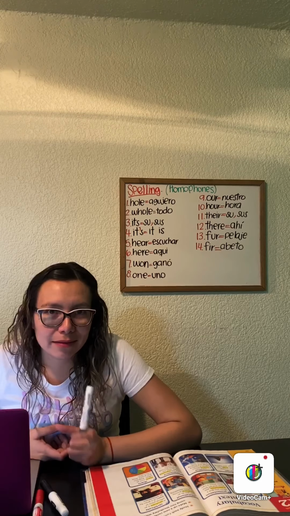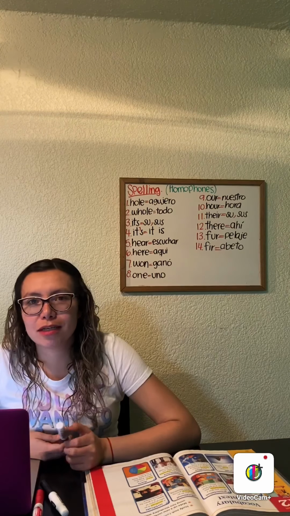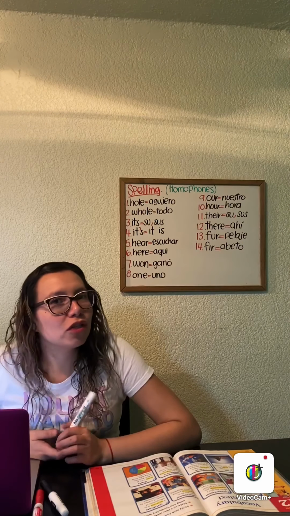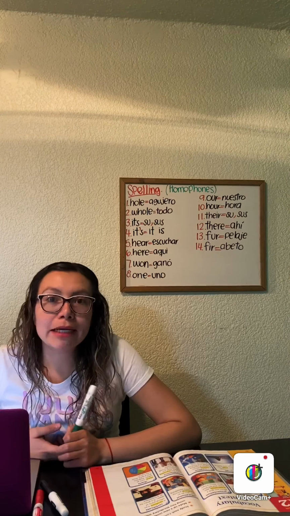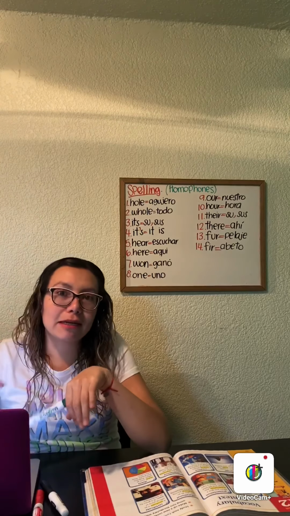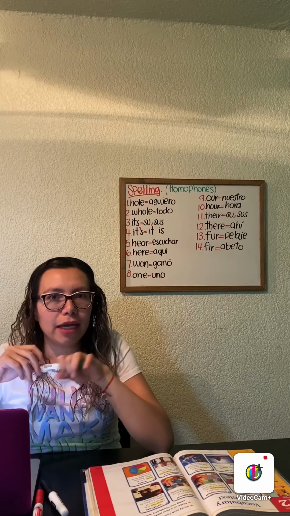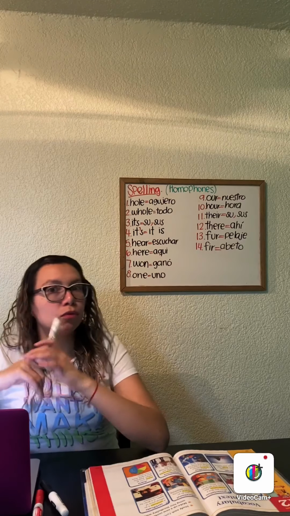O sea, podríamos pronunciar casi igual y no notaríamos qué palabra es la que estamos diciendo, a menos de que entendamos la palabra en contexto para saber a qué palabra se refiere, porque el significado es totalmente diferente. Okay, let's start with the homophones.